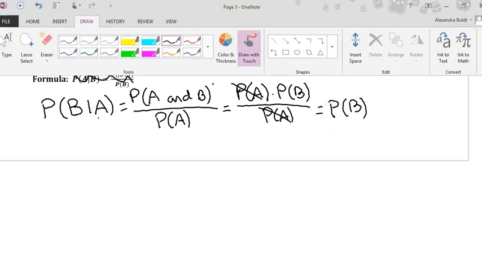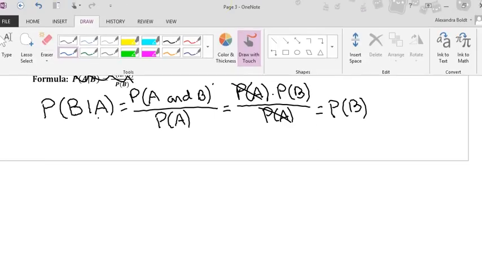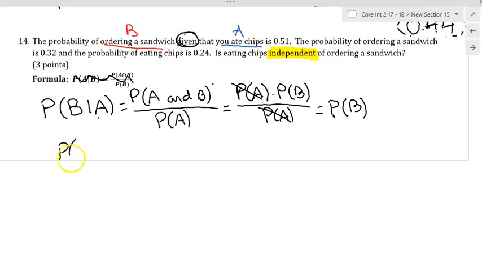So again, let's figure out what those probabilities are. Where's my given? Given, B comes before, ordering a sandwich is B, eating chips is A. So the probability of B given A equals 0.51. That's my given sentence.